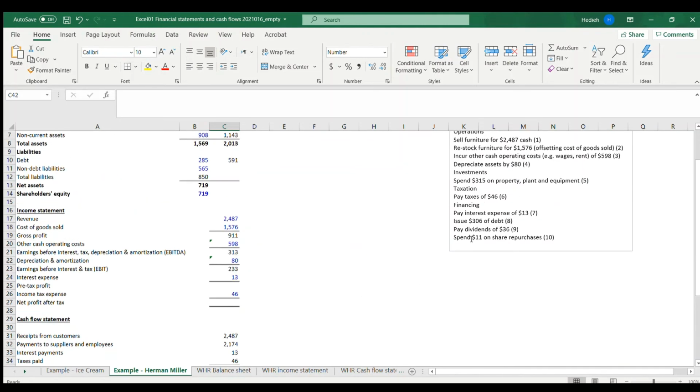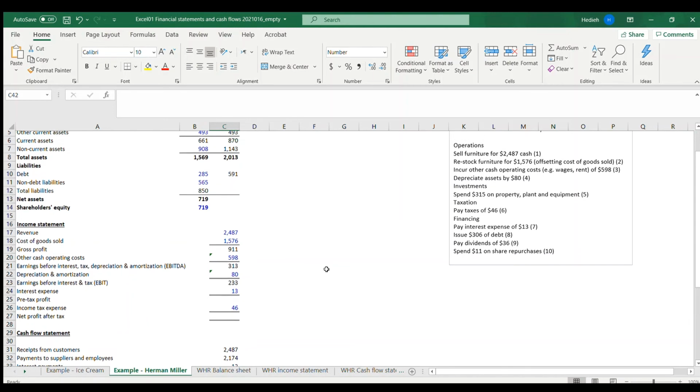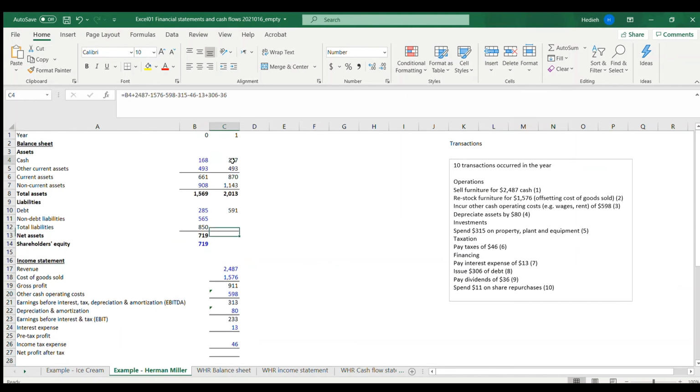Okay. The last transaction that we have here is spending $11 on share repurchases. Share repurchase means that the company pays its stockholders or equity holders and buys back their shares. Because this payment is in cash, it will affect your cash holdings, and your cash holding will decrease by $11.